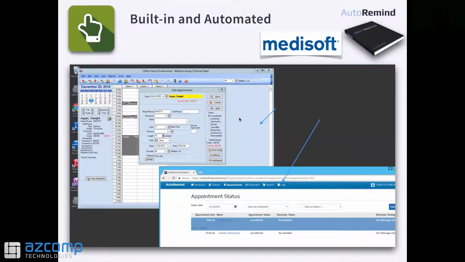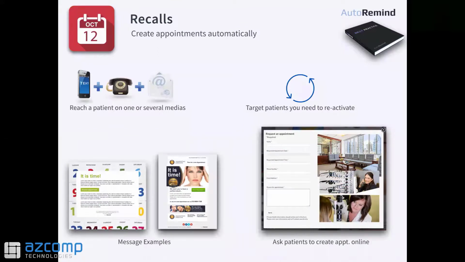Now I'm going to go through a couple other features that we're seeing more practices utilize today, and then I will jump into a demo so you can see some real life examples. We are seeing a lot more practices, for a number of reasons, remind patients that they are due for an appointment.